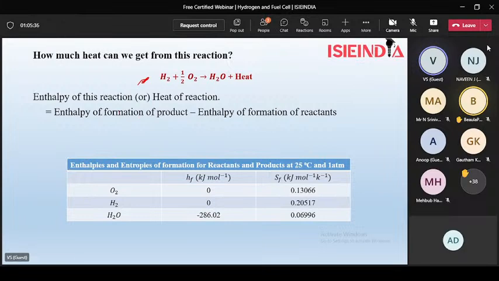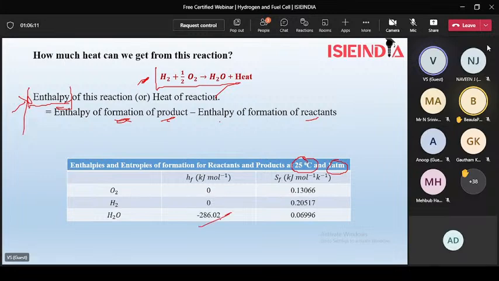So I will calculate its enthalpy, from basic thermodynamics. For calculating the enthalpy, if a reaction is given here, the enthalpy is calculated from the enthalpy of formation of the product and the enthalpy of formation of the reactant. Here I have mentioned the standard enthalpy and entropy for the formation of reactant and product at standard temperature and pressure.